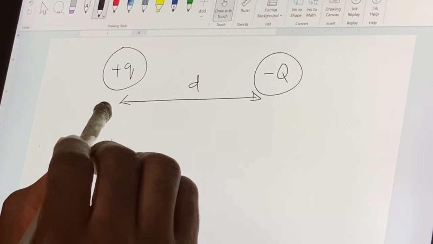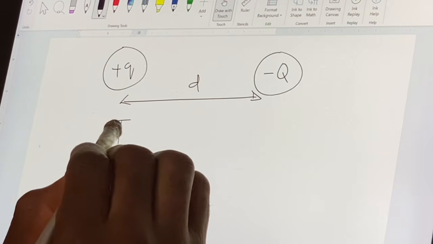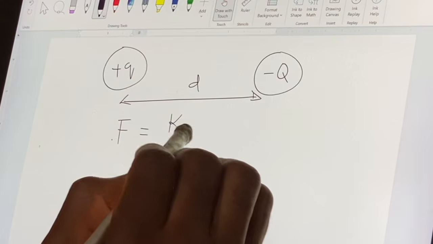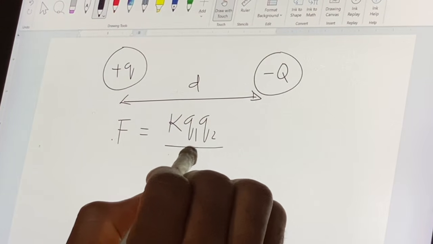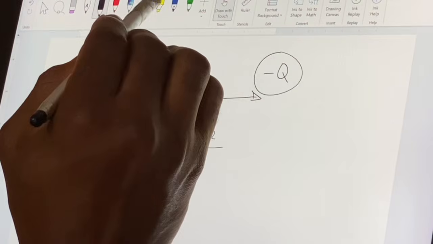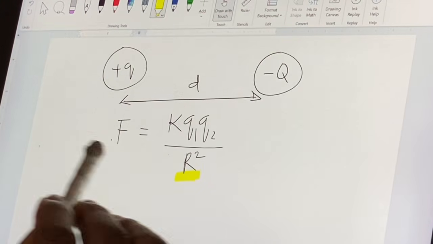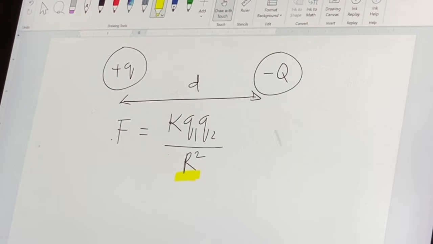F is equal to KQ1Q2 over r squared. Please take note. This r can act as a distance or as a radius. It acts as a radius if the question is on atoms, but if the question is not related to atoms, the r here is acting as distance. Please take note of this.